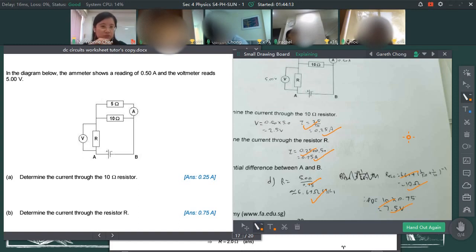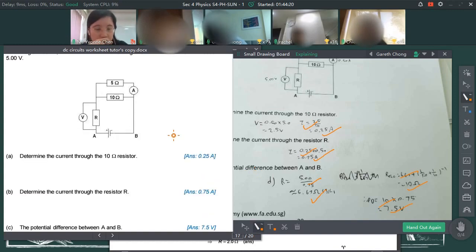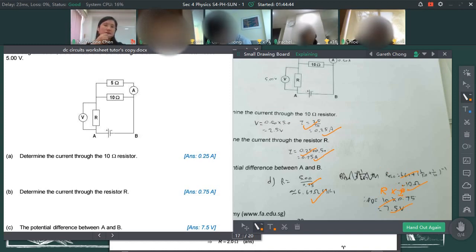Then he goes to find the EMF of the battery. So his method is, he finds the total resistance first. After that, he uses the total resistance, which is 10 ohm for the whole circuit, times the current.